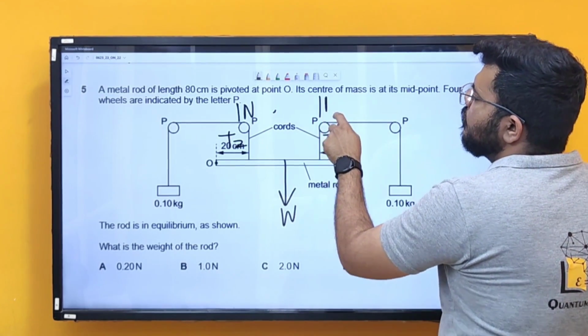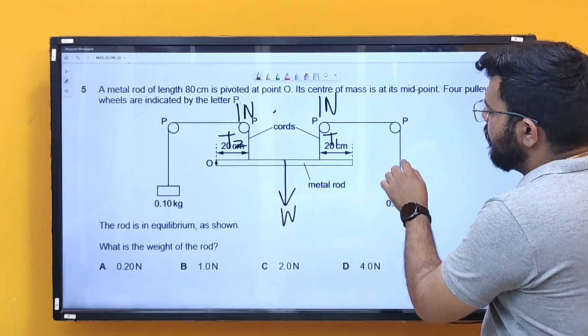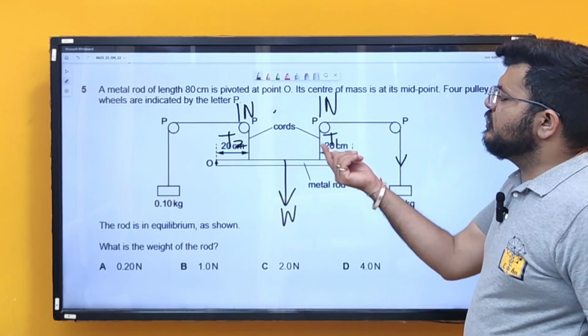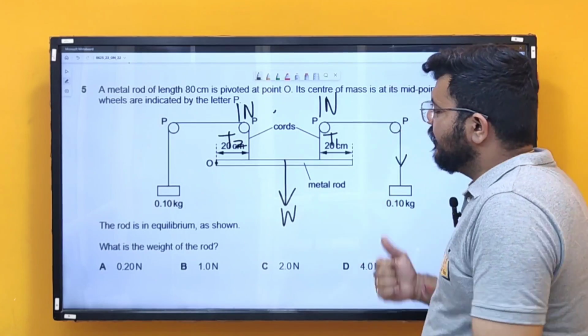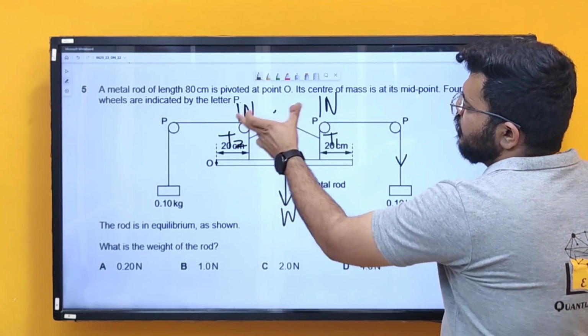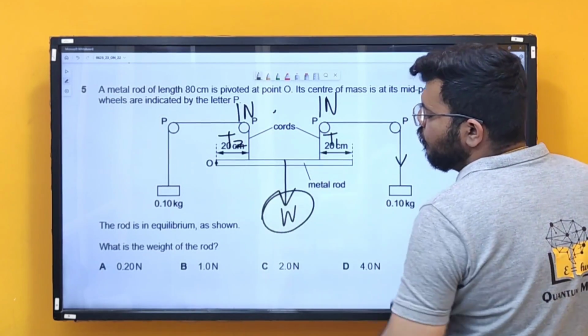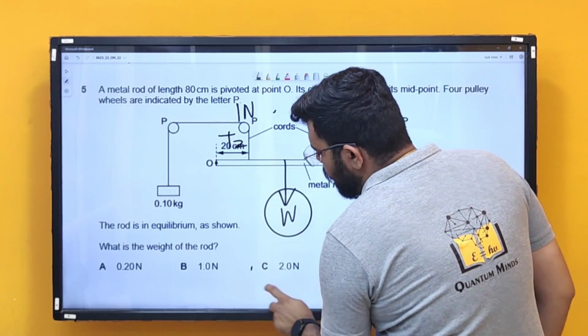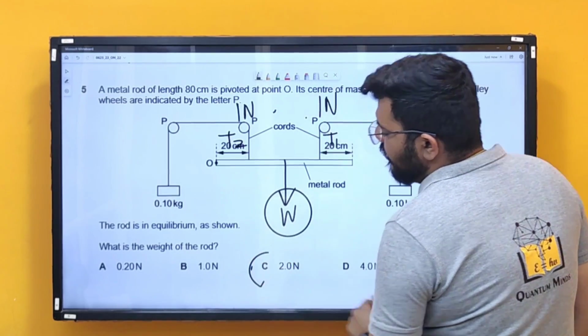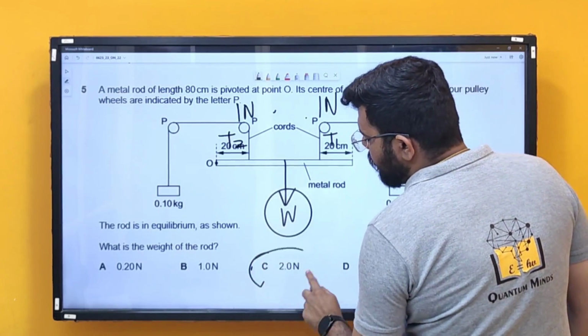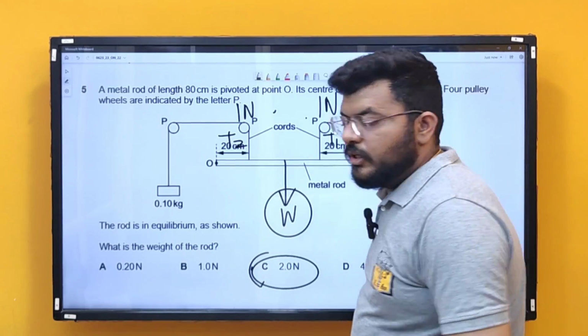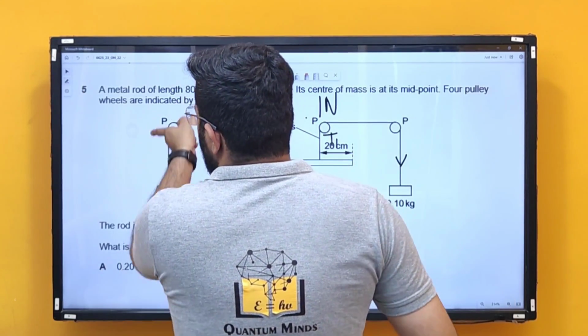The force exerted by this weight is downwards, but because the thread is connected, it is upwards. So 1 Newton and 1 Newton should be equal to the weight. So the weight becomes 2 Newton, and that is your correct answer.